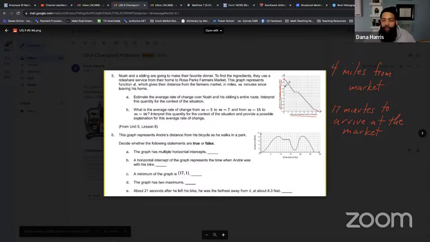So we have these 2 points: the time that they leave and the time that they arrive at the market. Remember, when we're talking about the rate of change for this function, we're going to have f of 17, so I'm going to write that over here. f of 17 minus f of 0 over 17 minus 0. f of 17 is 0, because we can see that from the horizontal axis, or the x-intercept.